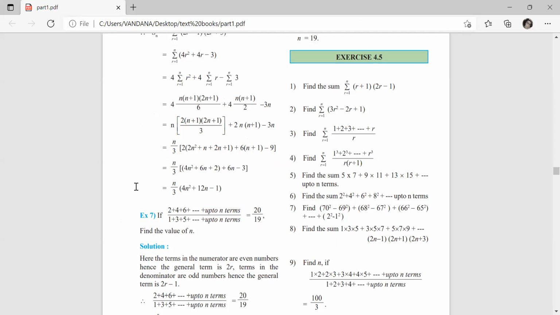Find the sum of summation r runs from 1 to n, r plus 1 into 2r minus 1. So this will be summation r runs from 1 to n.